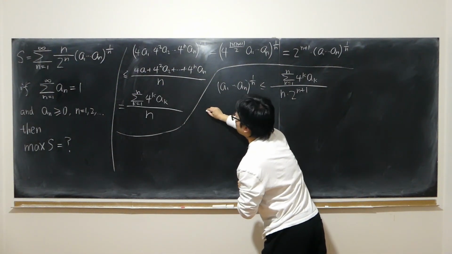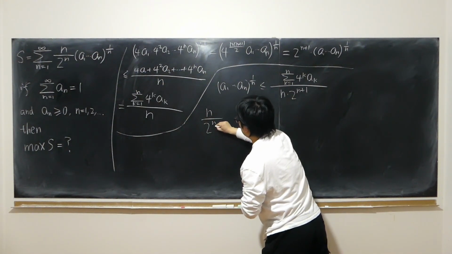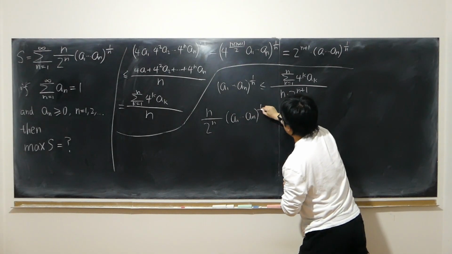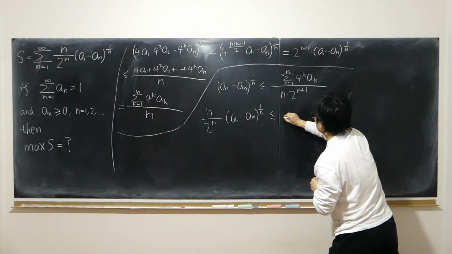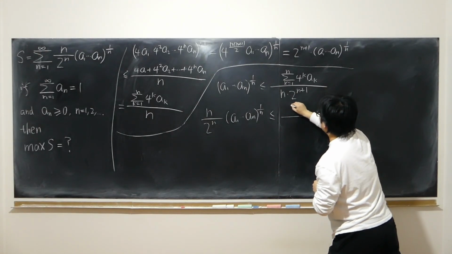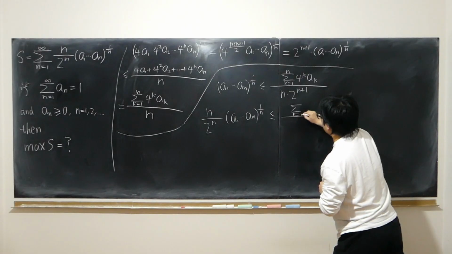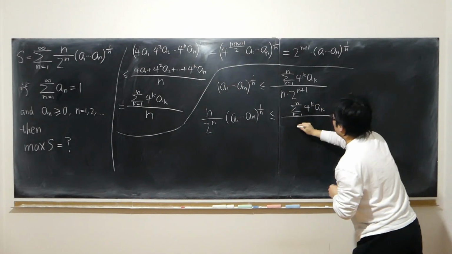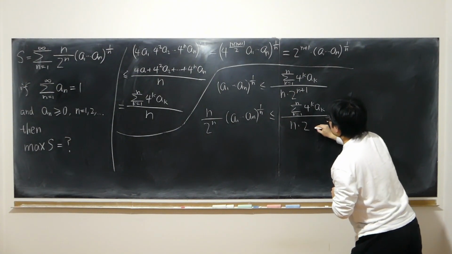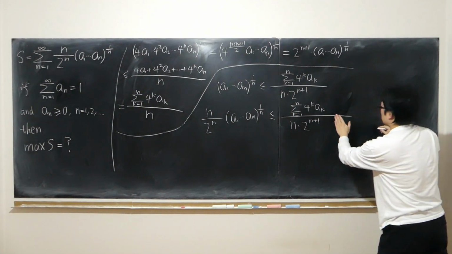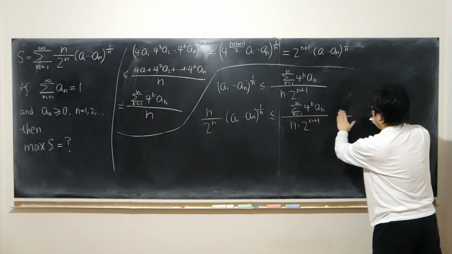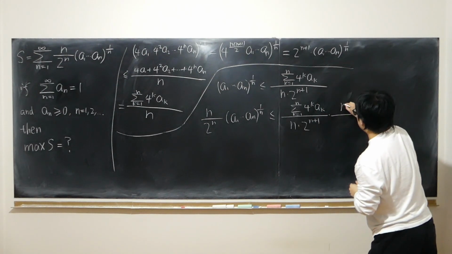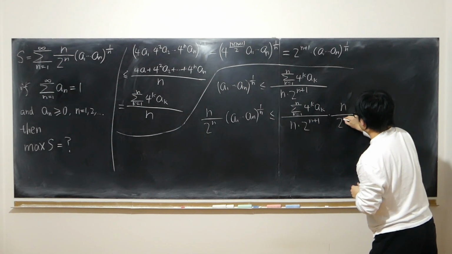Right? So we have n over 2 to the power n times (a1 ... an) to the power 1 over n less than or equal to, copy down this, sum k from 1 to n of 4 to the power of k times ak, times n times 2 to the power of n plus 1 times n over 2 to the power of n.